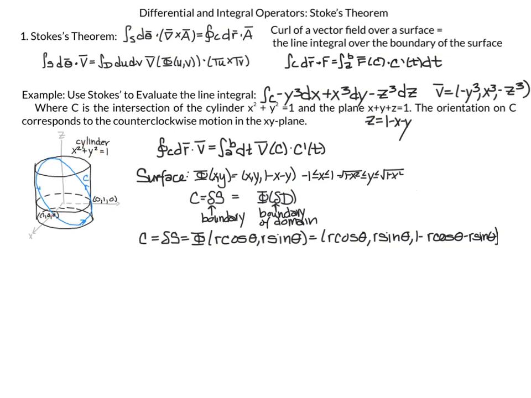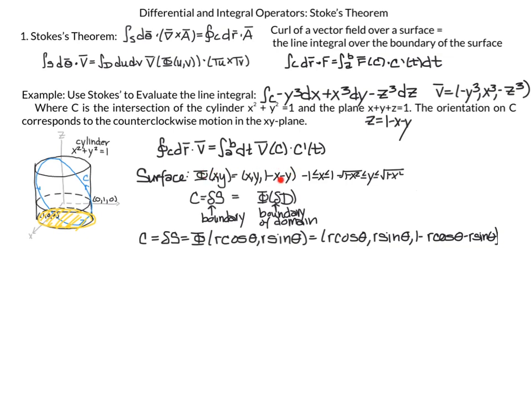We only want the part of the plane that is above this disk, that is above the domain. The disk being x goes from -1 to 1, and y goes from negative square root of 1 minus x squared to positive square root of 1 minus x squared. So here we have the parameterization of our surface.